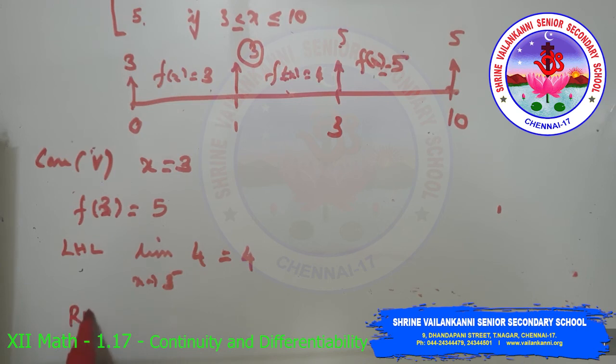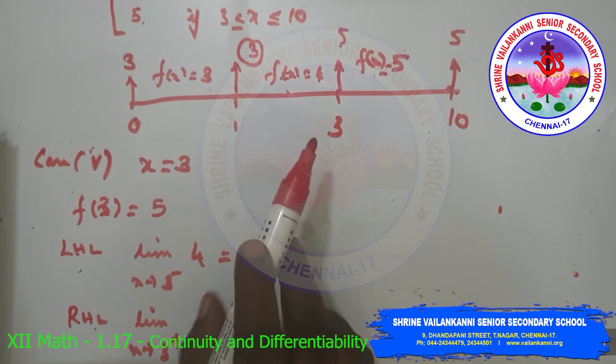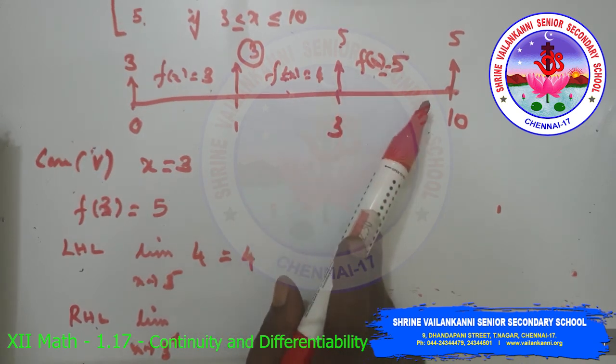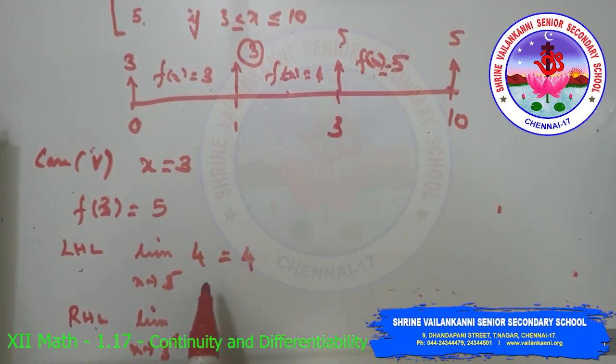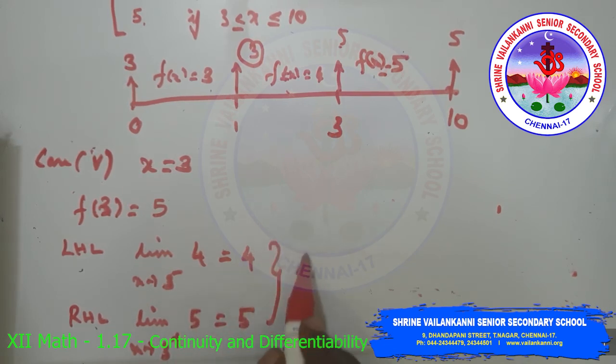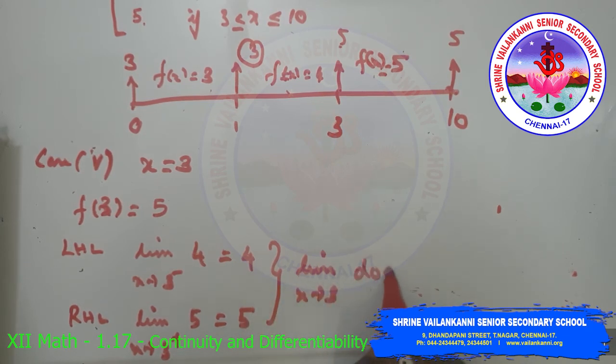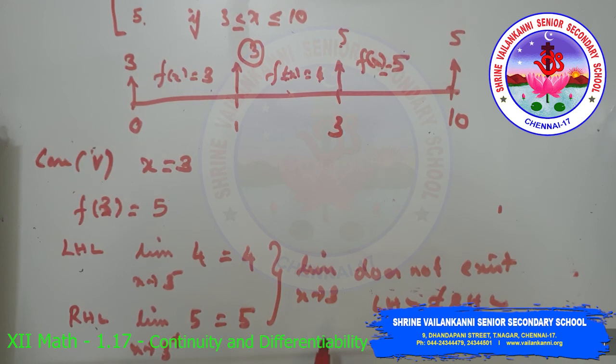And right hand limit, x tends to 3 plus: to the right of 3 the function is defined to be 5, so it is equal to 5. You can see that the limit as x tends to 3 does not exist. Left hand limit is not equal to right hand limit, so it is discontinuous at x equal to 3.